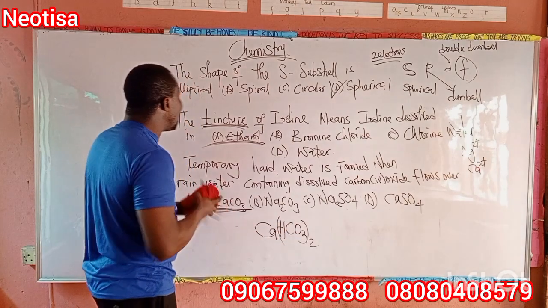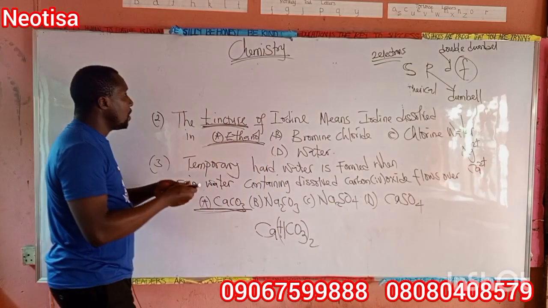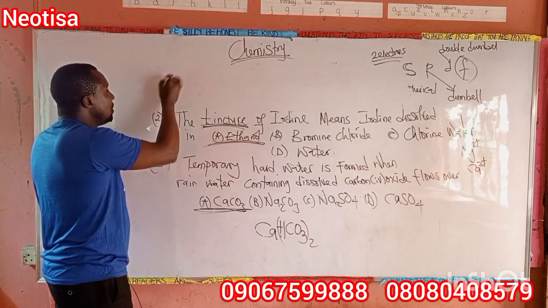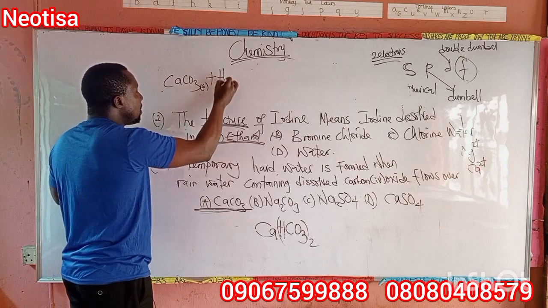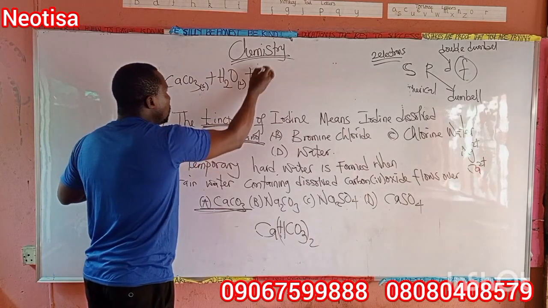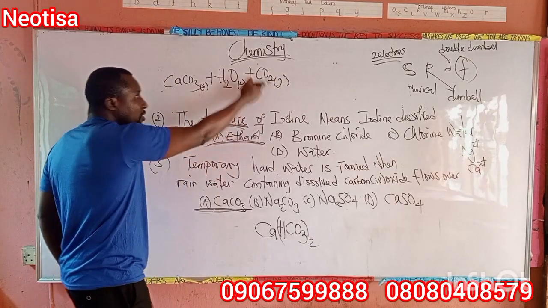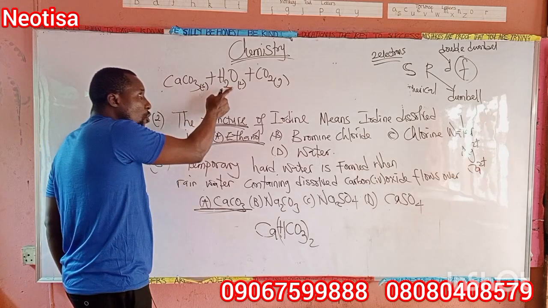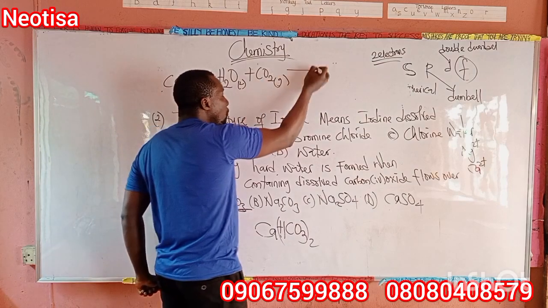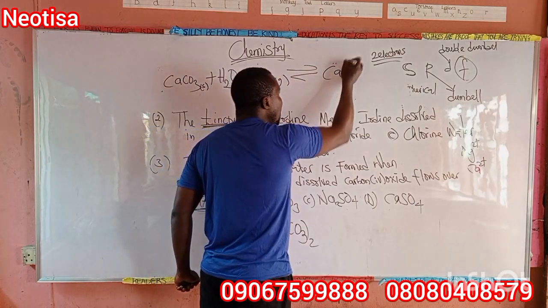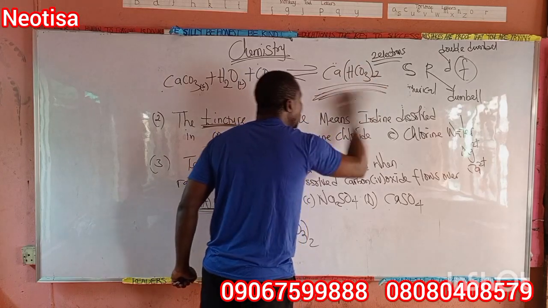This is the equation. Let me write it down. When you have water containing CO2 flowing over this, this CO2 is dissolved in water. This is the only water that can dissolve calcium trioxocarbonate(IV) to form calcium hydrogen trioxocarbonate(IV).